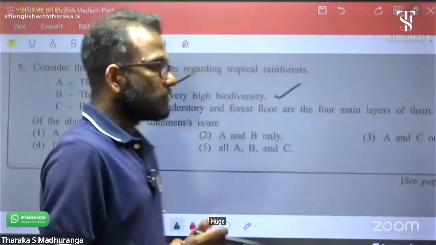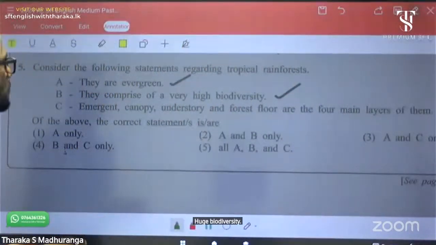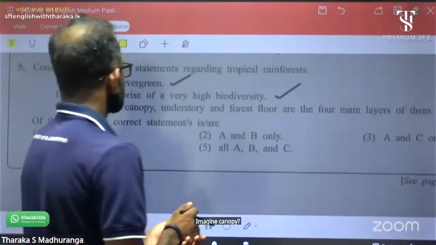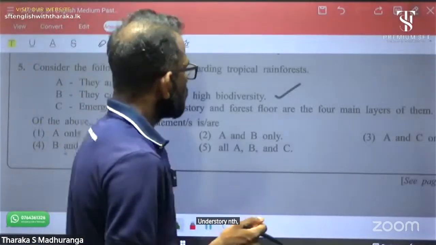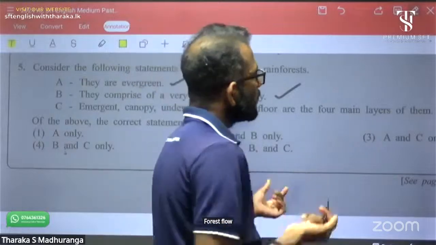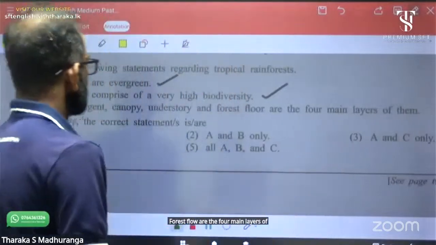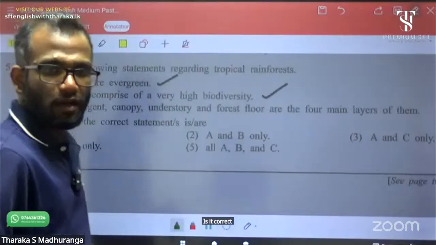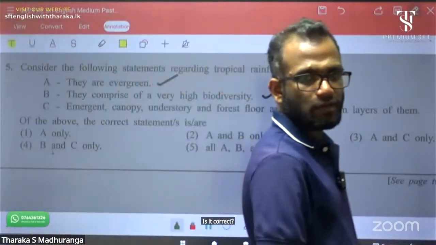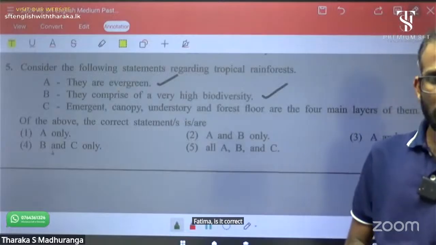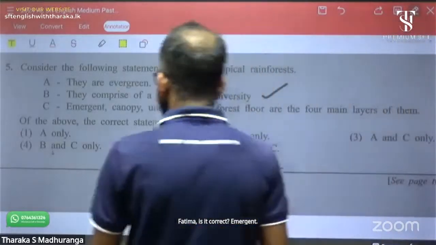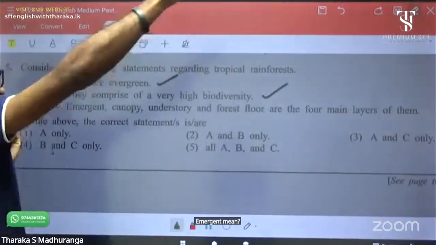Emergent, canopy, understory, and forest floor are the 4 main layers of them. Is it correct, Fatima? Emergent means the upper layer.